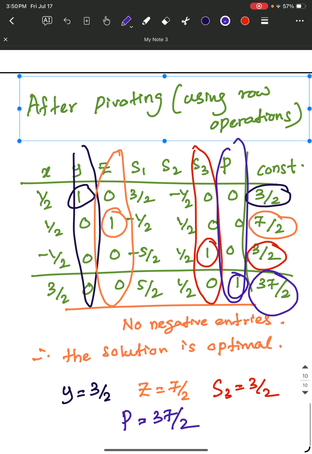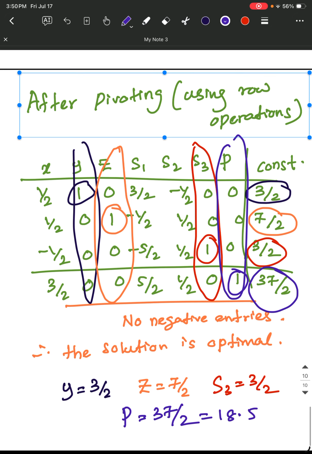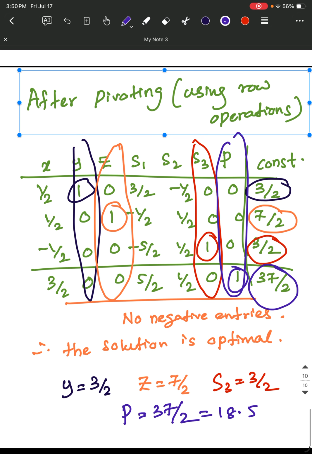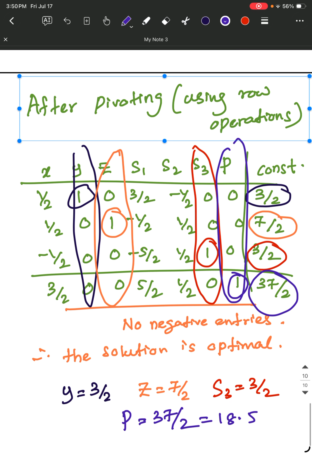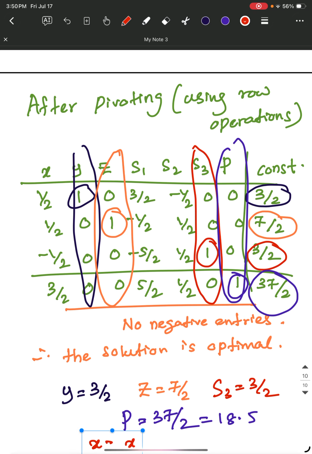So the optimal maximum value of p is 37 over 2, that means 18.5, which is at y equals 3 over 2, z equals 7 over 2, s3 equals 3 over 2, then x equals 0, s1 equals 0, and s2 equals 0.